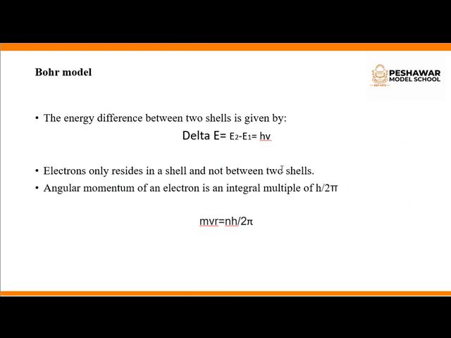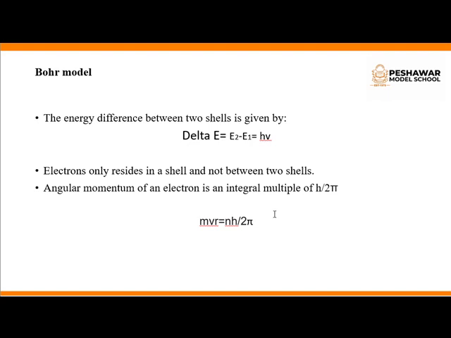The next, or the last, assumption says that the angular momentum, which is mvr, of an electron is an integral multiple of h by 2 pi, or mvr is equal to nh by 2 pi, where n is the number of the shell. If it is K, it will be equal to 1.